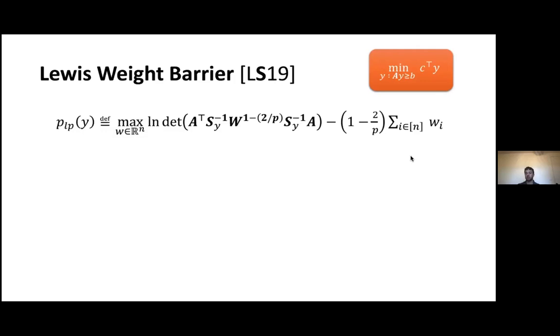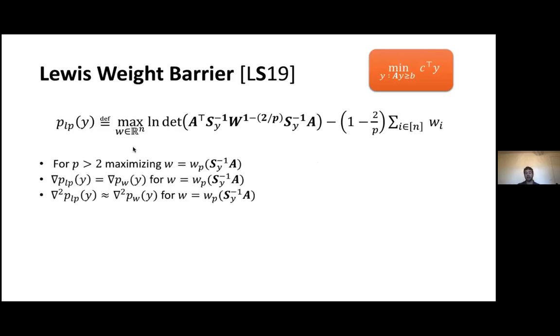All right, a few nice properties of this barrier. So first, I claim for all p larger than 2, the maximizing argument of this function is the LP Lewis weights of the appropriate reweighted matrix. All right. Now, what I'm saying is a self-concordant barrier is this function here that's defined as the result of log det of all of this for the maximizing weights.